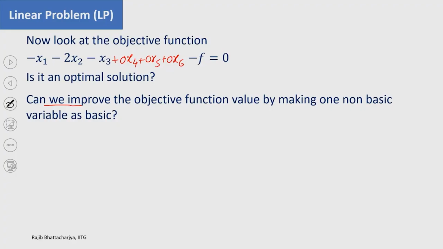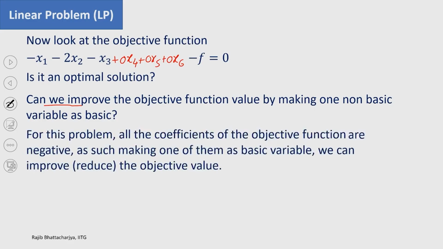Yes, because the coefficients of x1, x2 and x3 are all negative. So, for this problem, all the coefficients of the objective function are negative. As such, by making one of them a basic variable we can improve the solution; since it is a minimization problem, we can reduce the value of the objective function.